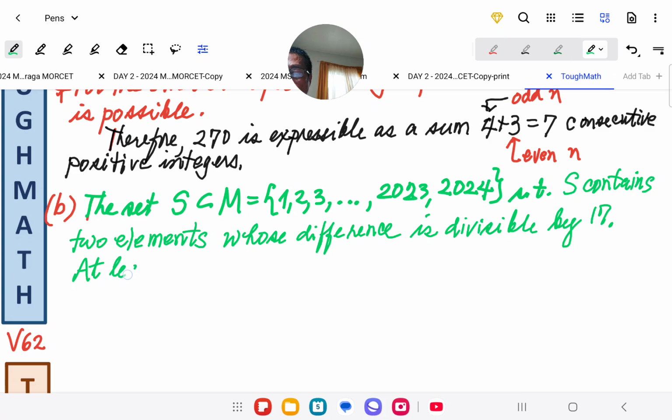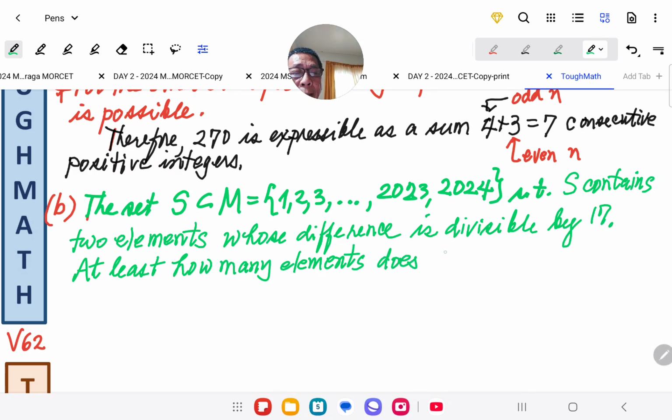At least how many elements does S have to guarantee this condition?